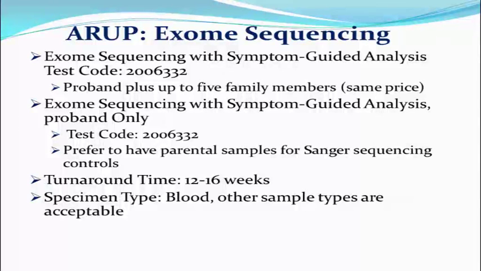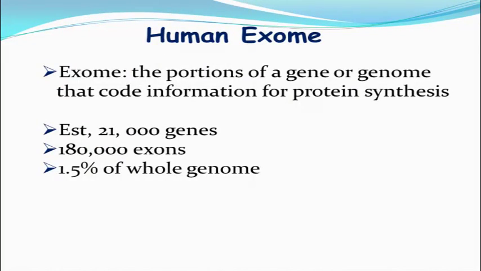This testing allows testing of probands as well as family members, like parents and other family members, affected or unaffected individuals. We also provide a proband-only test. The turnaround time is 12 to 16 weeks, and the specimen type can be peripheral blood, though other sample types are also acceptable.